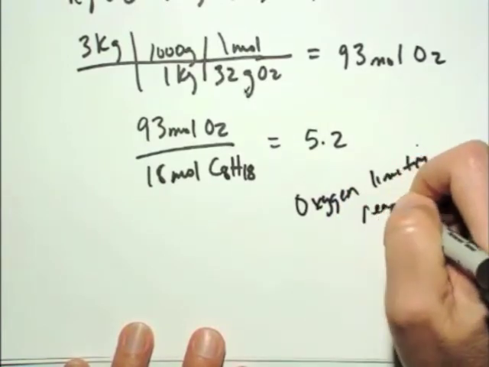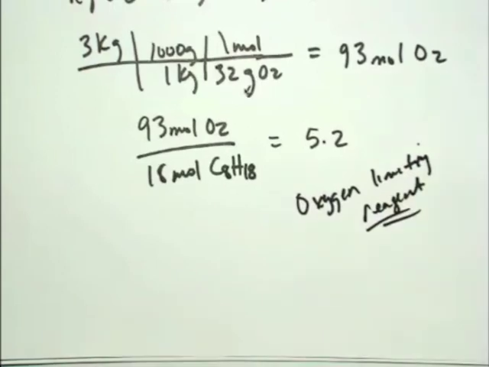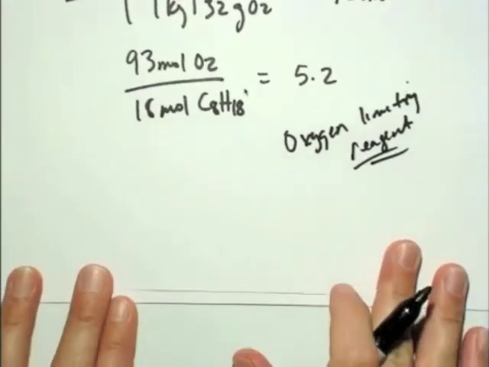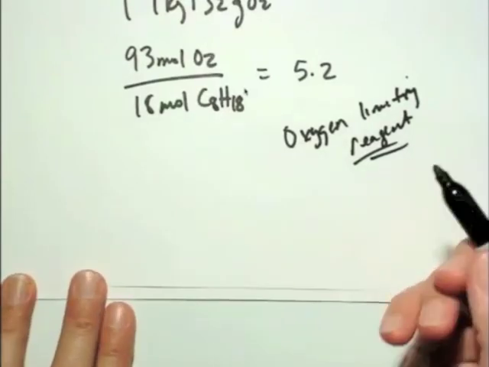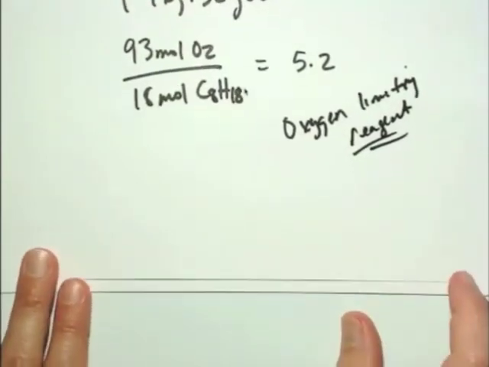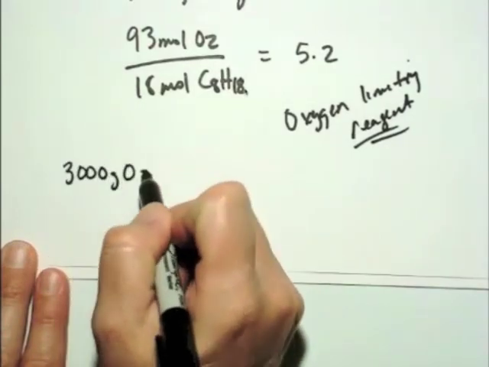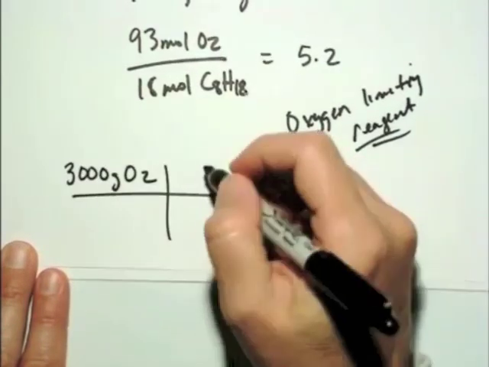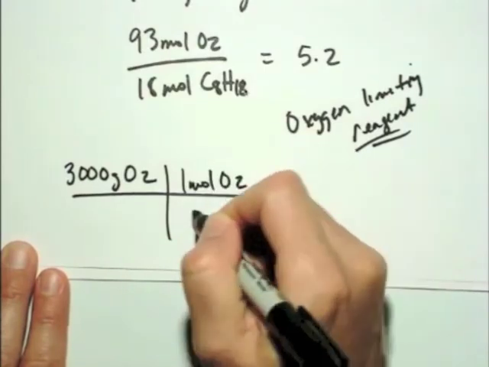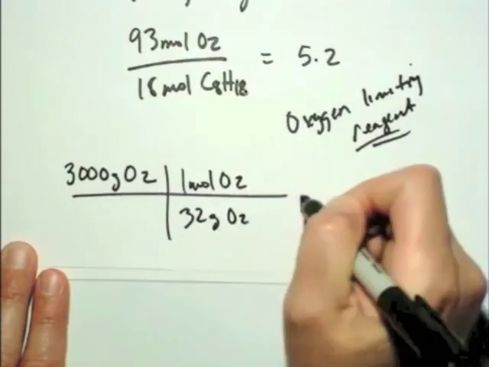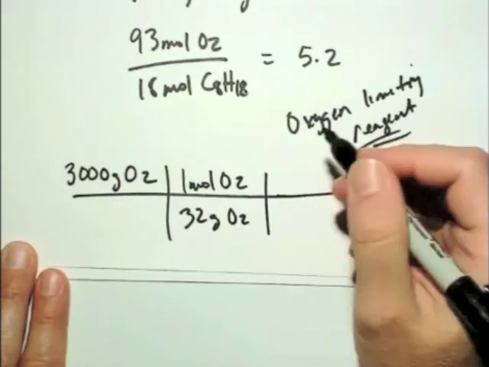Okay, and once you know that, you ought to be able to calculate the mass of carbon dioxide formed. You would just start with your oxygen as your limiting reagent and convert to grams of carbon dioxide. So we'll just start with 3,000 grams of oxygen and convert to moles of oxygen, 32 grams of oxygen per mole, like we have been doing.